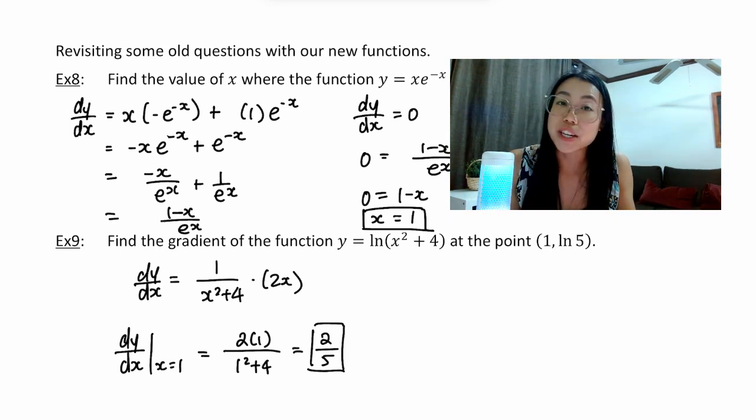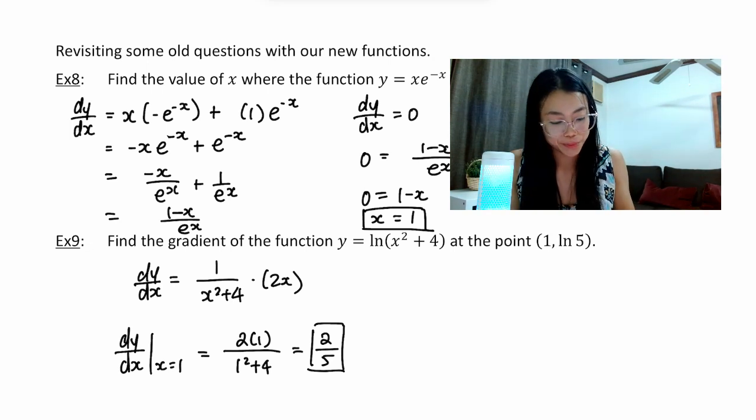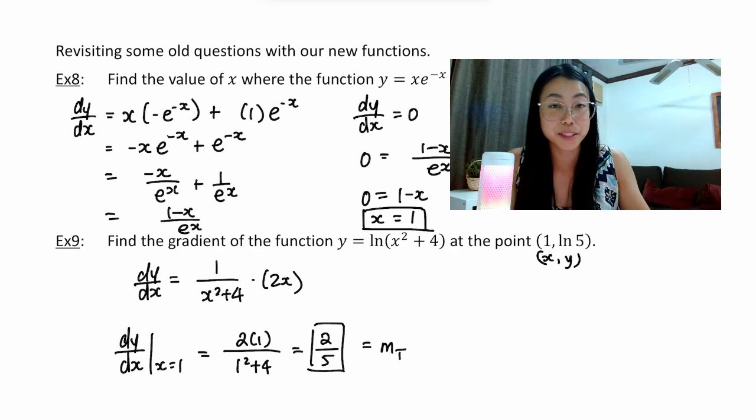A natural extension to this would be find the equation of the tangent and normal. So this value, 2 over 5, already gives us the slope of the tangent line. We have a point, x y, that is on the line. So we can apply the point slope formula here to find the equation of our tangent line.